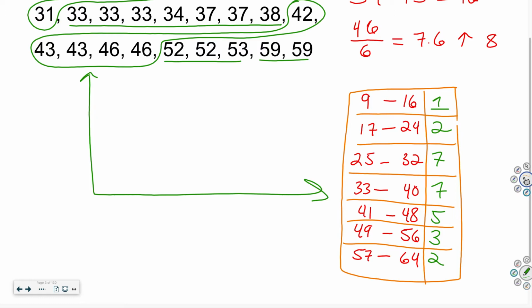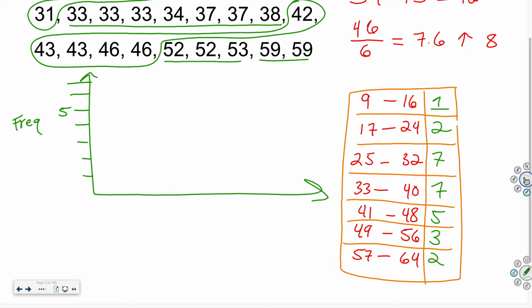What is our highest frequency? 7, right? Okay, so on the left-hand side here, this is frequency. Okay, so 1, 2, 3, 4, 5, 6, 7. That works. Okay, our intervals are going to go on this side here.